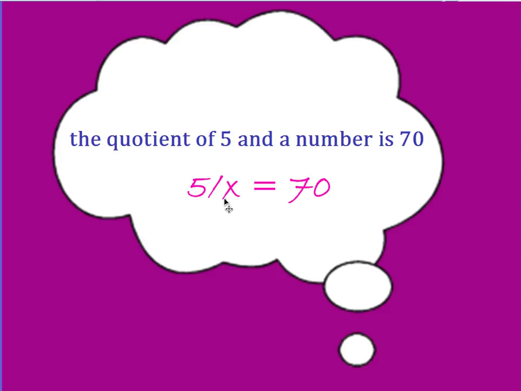Or I could write it as a fraction, 5 over x equals 70. They're all the same. Just a quick side note, if you put x divided by 5, that is not the same. Unless I have the words more than or less than in my phrase, everything needs to be written in the order that it's listed. And since 5 was listed first, it needs to be written first.